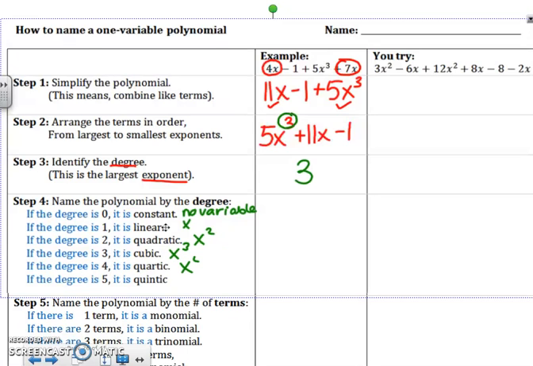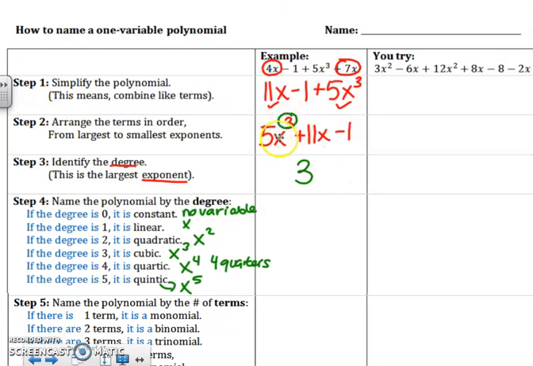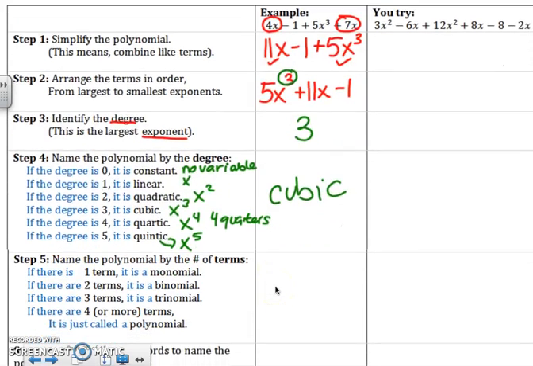Quartic, think about 4 quarters. And then quintic is 5. I think of quintuplets because you have 5 kids. So since our thing was an x cubed, our degree was a 3, that makes this a cubic. Okay, so that is a cubic based on its degree.